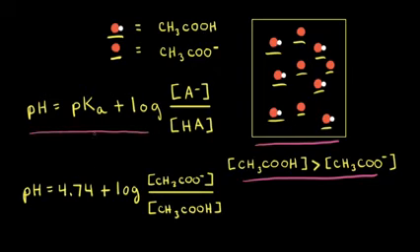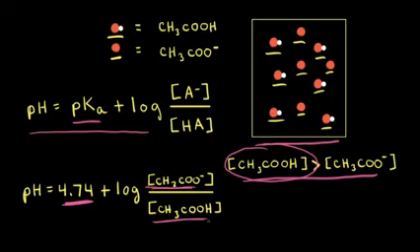We can use the Henderson-Hasselbalch equation to think about the pH of this buffer solution. So the pH is equal to the pKa, which we calculated in the previous problem. For acetic acid, it's 4.74 at 25 degrees Celsius, plus the log of the concentration of the acetate anion divided by the concentration of acetic acid. In this case, the concentration of acetic acid is greater than the concentration of the acetate anion. Therefore, we have a smaller concentration divided by a larger concentration.